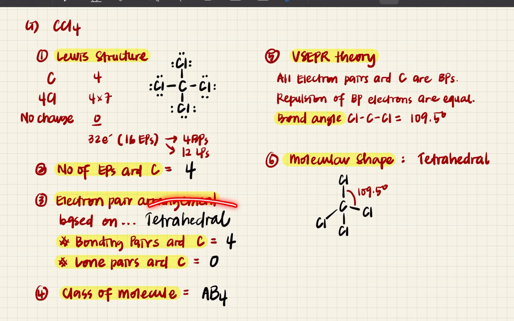Okay, so here we can write repulsion strength of, okay, we know that bonding pair, lone pair repulsion is stronger than bonding pair electrons repulsion. Okay, this repulsion of lone pair and bonding pair is much bigger, much stronger than the bonding pair repulsion between the bonds.